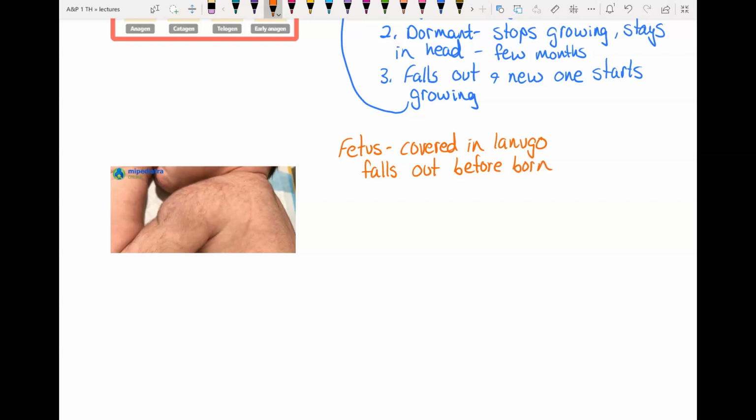Okay, it is common for a full-term baby to still have some on the shoulders or the lower back.